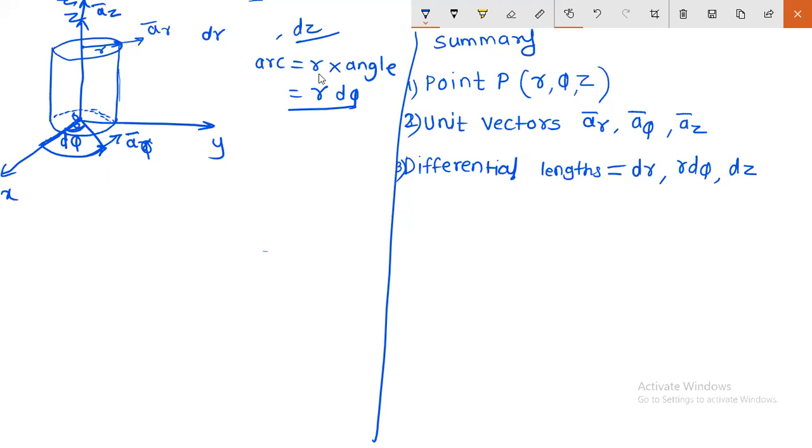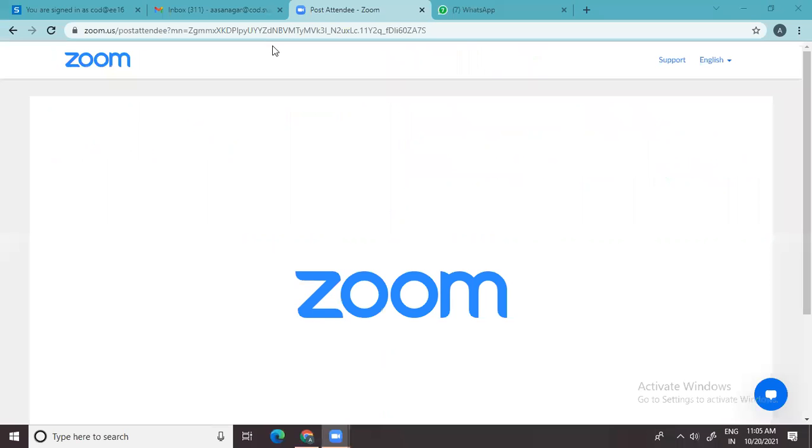We'll see the differential areas in the next lecture because the time is over here. So everyone note all of this and read once again so that you will understand better. Again, we'll see the differential areas and the revision in the next lecture. Okay, so thank you all.